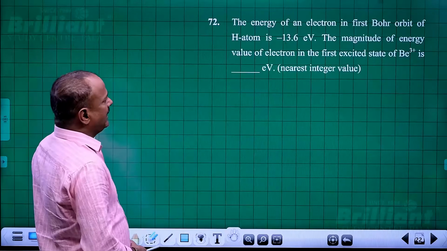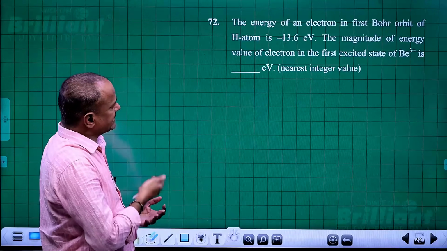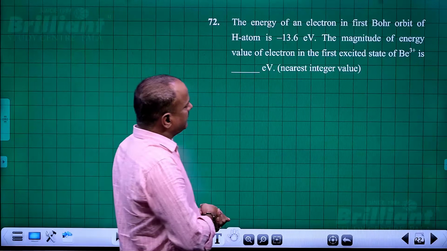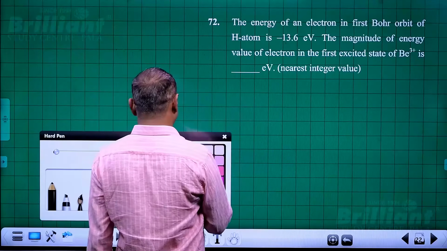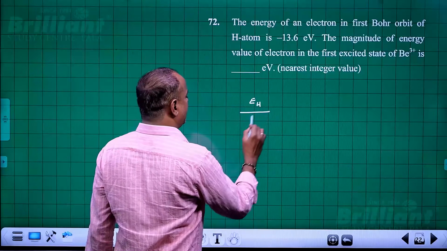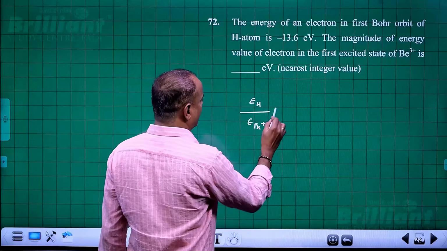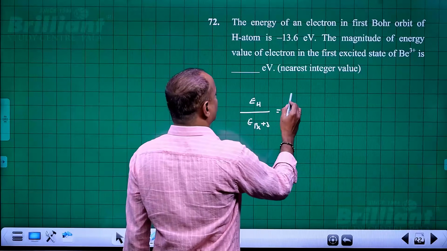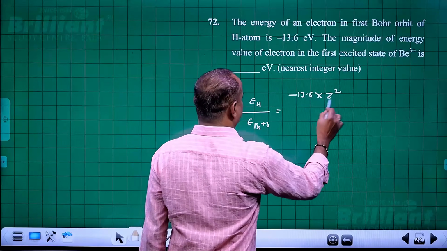Okay. Next, the electron energy in the first Bohr orbit is minus 13.6. Energy of the electron in the first excited state of beryllium is a direct formula only. Energy of hydrogen by energy of beryllium: minus 13.6 into Z square by N square.